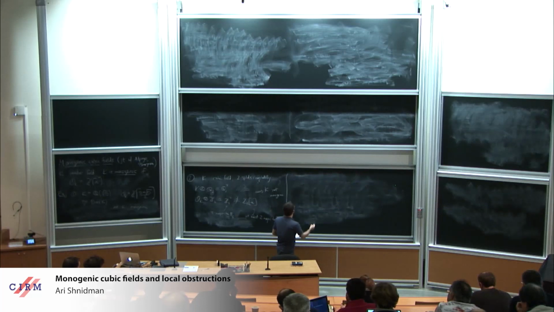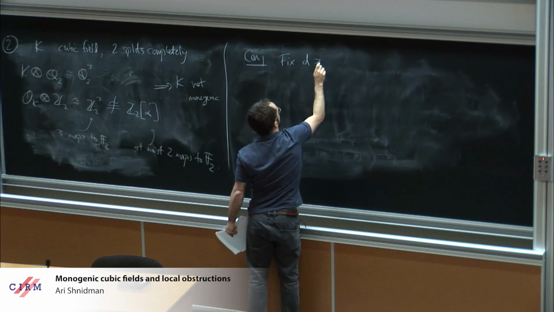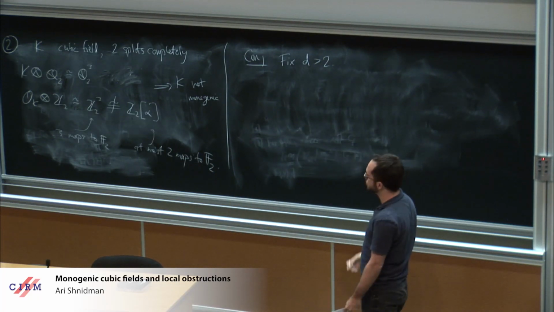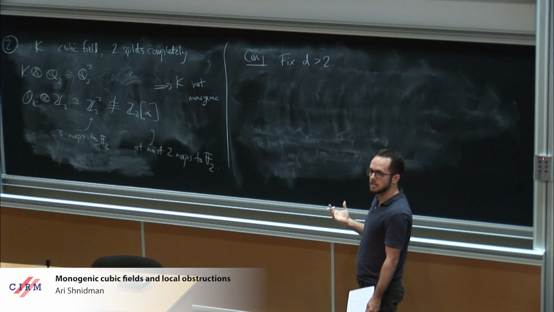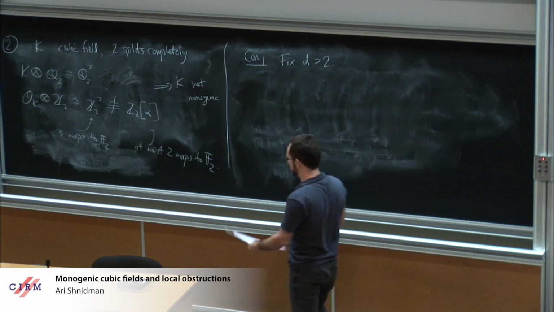And so there's, I don't know who this conjecture is due to, some folklore conjecture perhaps, that if I fix the degree of my number field, and of course look at degrees bigger than 2, then most number fields are not monogenic. 100% of number fields are not monogenic.